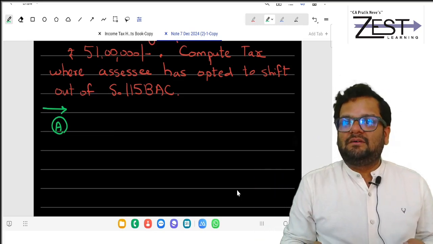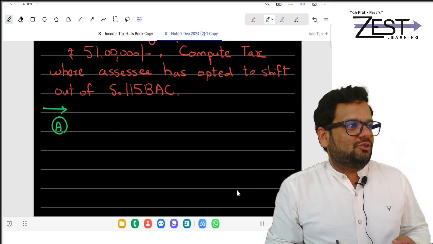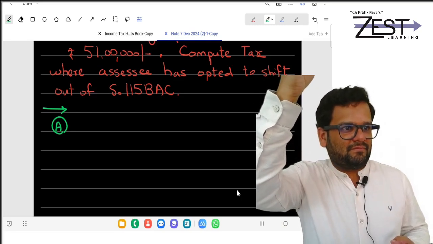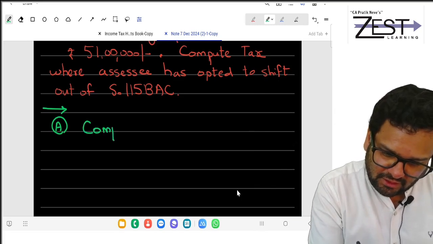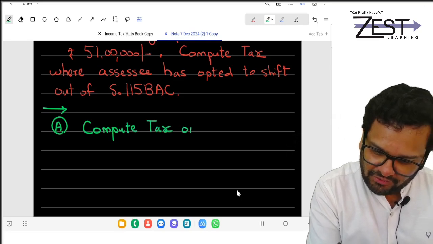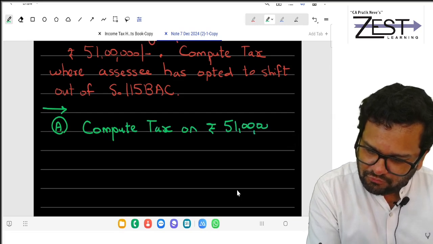Neglect H&EC, health and education cess. That will be calculated at the last step. So first is compute tax on rupees 51 lakhs.